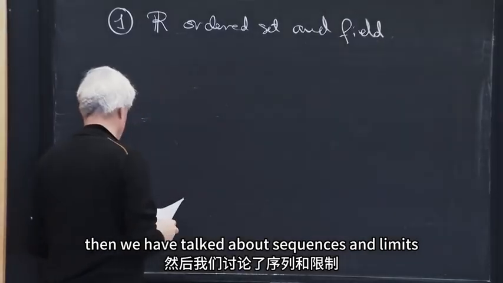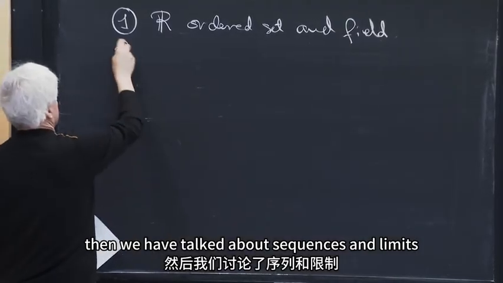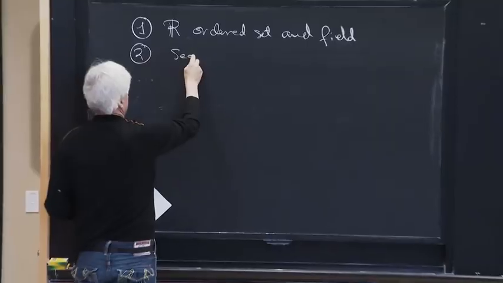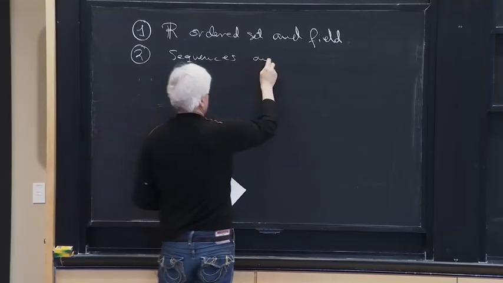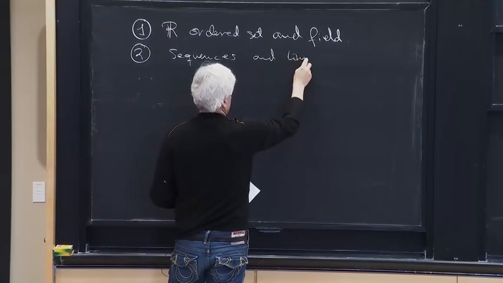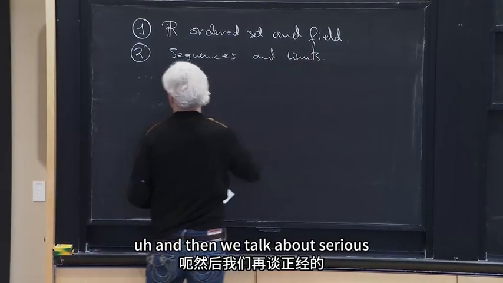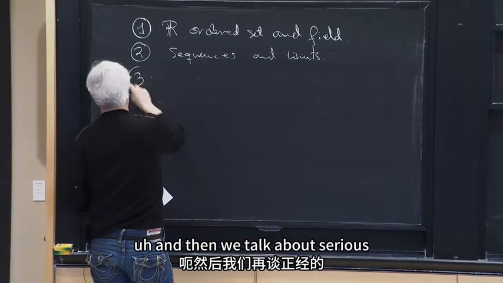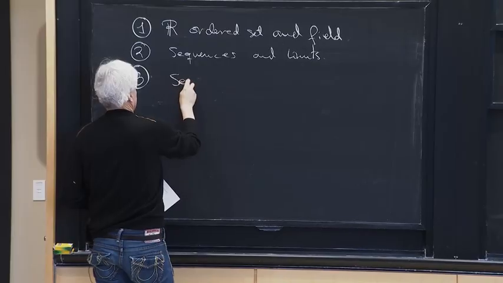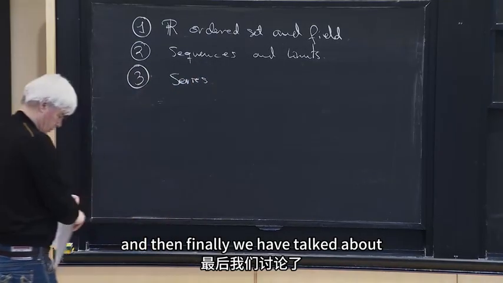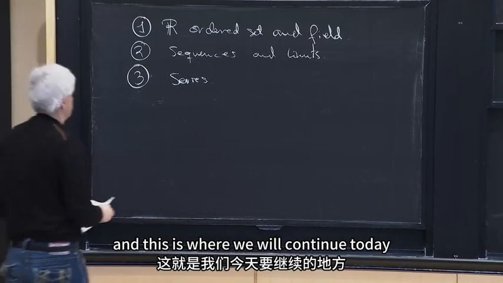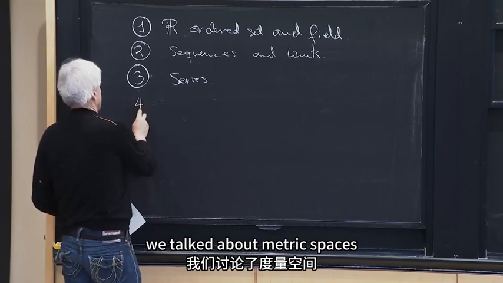Then we have talked about sequences and limits. And then we talked about series. And then finally, and this is where we will continue today, we talked about metric spaces.